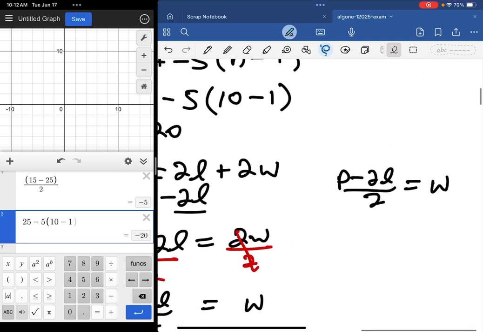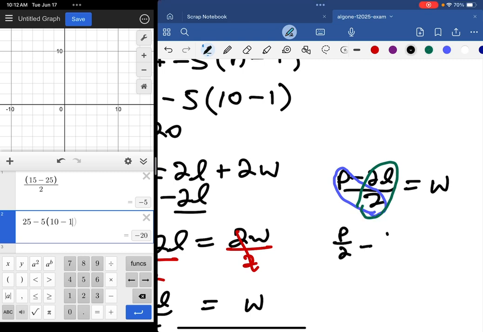So you could do the old, I don't know if you've heard of it as rabbit ears. If you have a sum or difference in the top of a fraction and you want to break that fraction up, you can take each part on the top and divide it by whatever's on the bottom. All right, so that would be P over 2 minus 2L over 2.